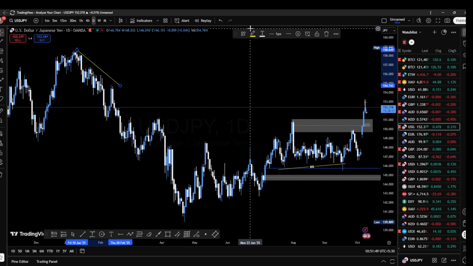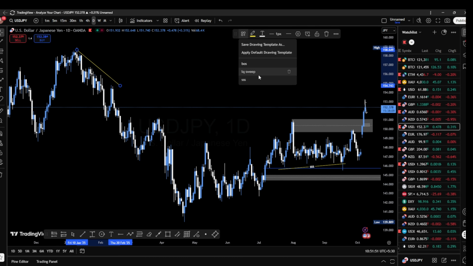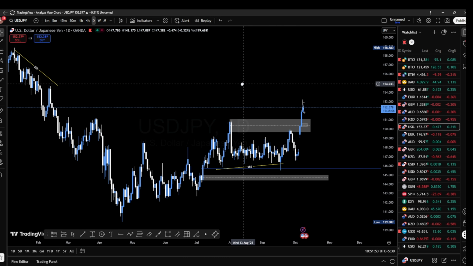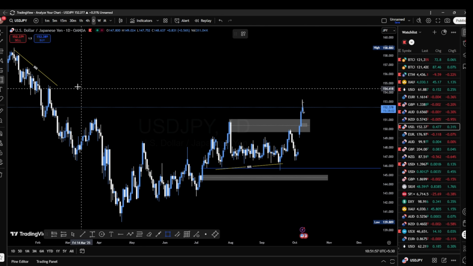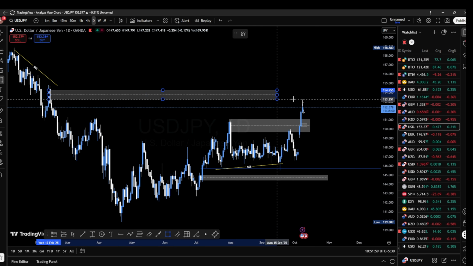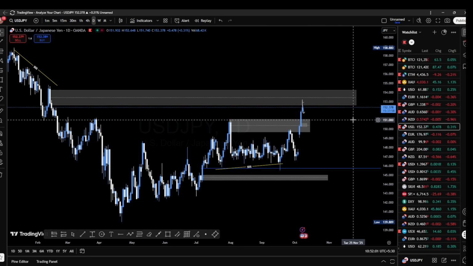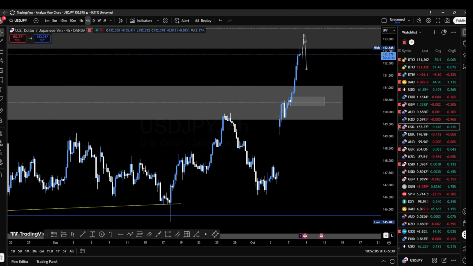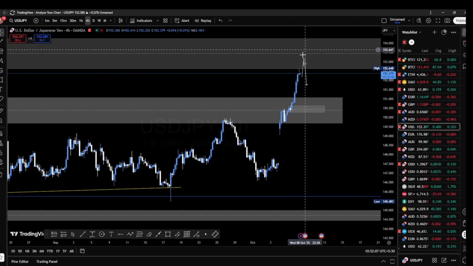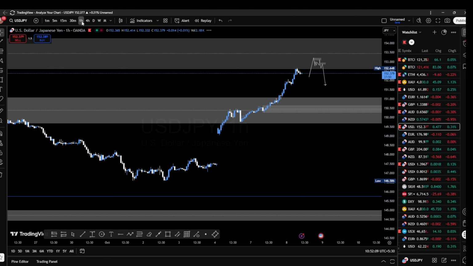These are all the liquidities on the upside right now. This is also a supply level, I haven't ignored it. The market can come here. So this is for UJ.